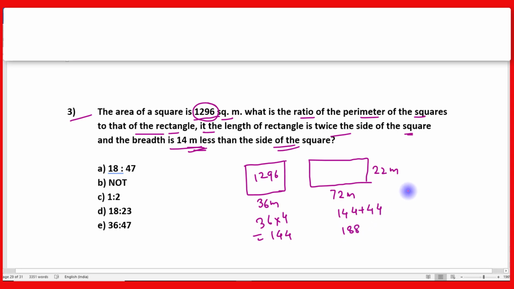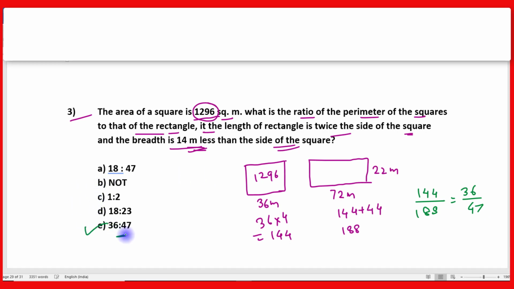So that ratio will be 144 divided by 188, and that ratio becomes 36 by 47, and therefore the correct option is 36 by 47. E is the correct option.